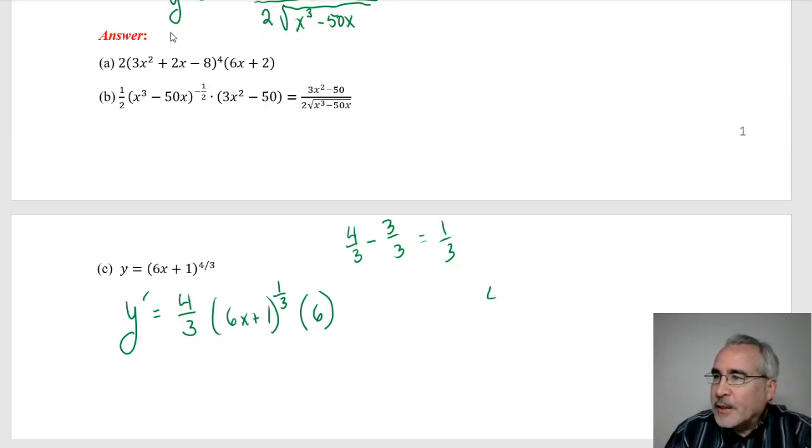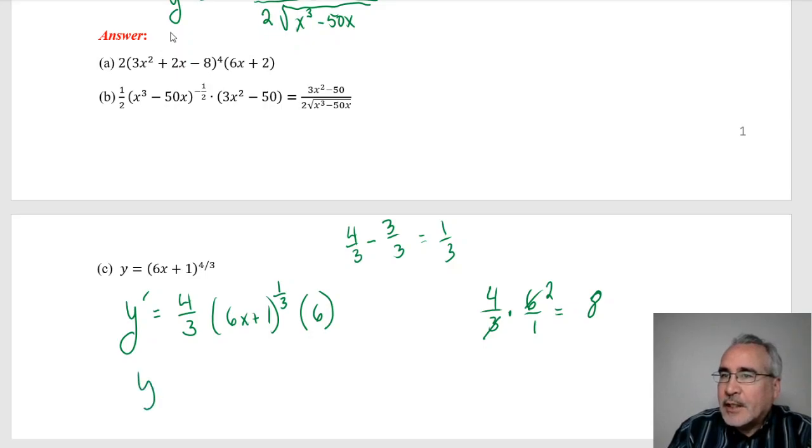So what we're really doing is taking 4/3 times 6. If you want, it's 24 over 3, and then reduce it. I like to reduce it here. 3 goes into 6 2 times. 4 times 2 is 8. So our final answer here will be 8 times 6x plus 1 to the 1/3.